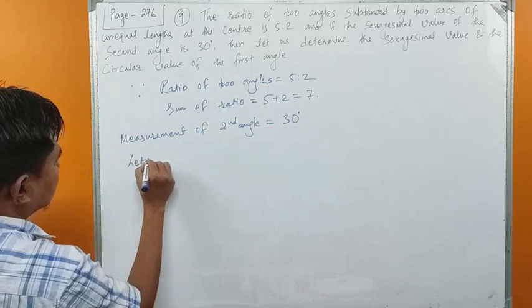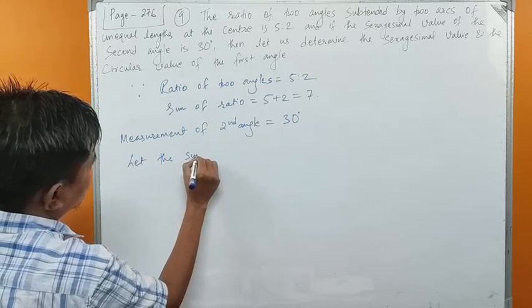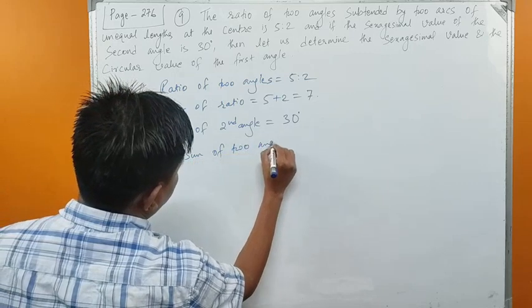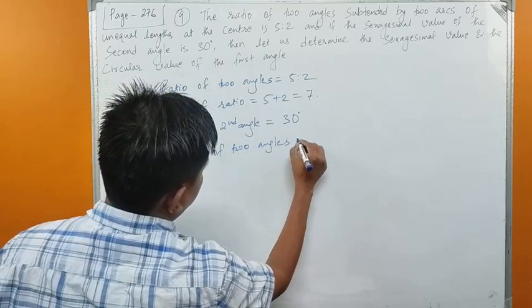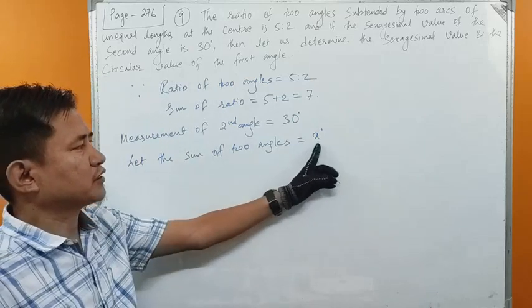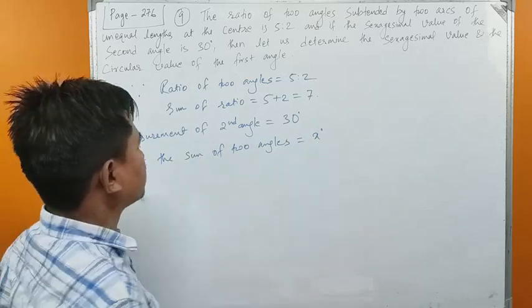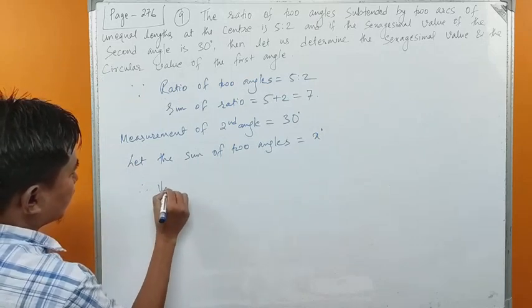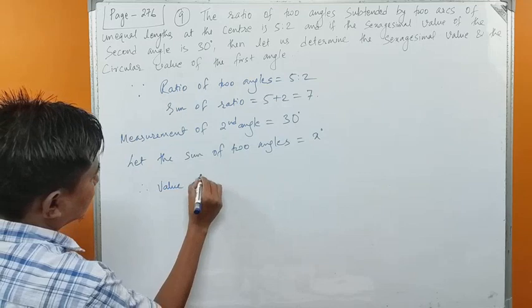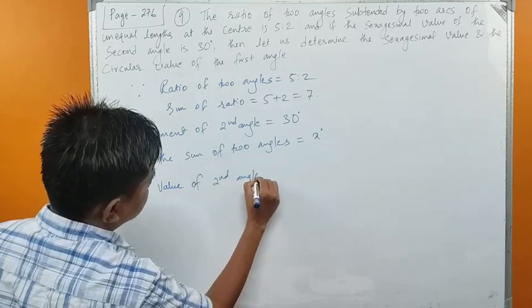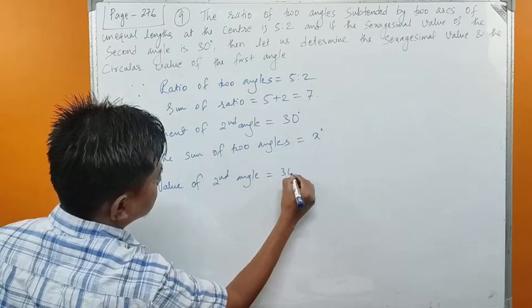Let the sum of two angles equal x degrees. Which means the value of second angle is given to us, 30 degrees, isn't it?